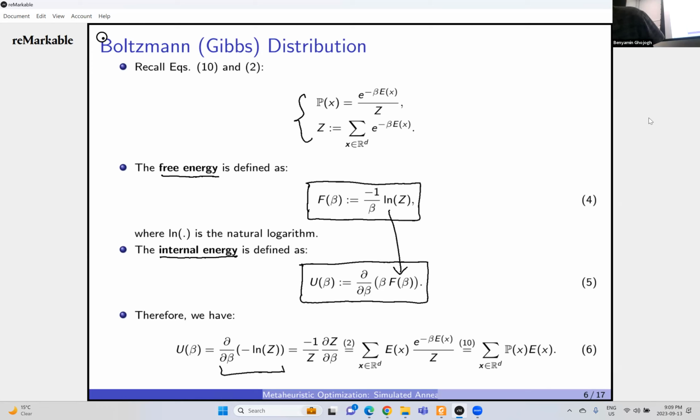I will get this, using the formula for the derivative of logarithm. Then, according to equation 2, that is the derivative of this Z with respect to beta, it becomes this, right? I have brought this Z inside. Interestingly, this thing is P of x. Okay, therefore U of beta is the summation of Px Ex. By the way, you are aware that you shouldn't memorize anything, right? Just try to understand.